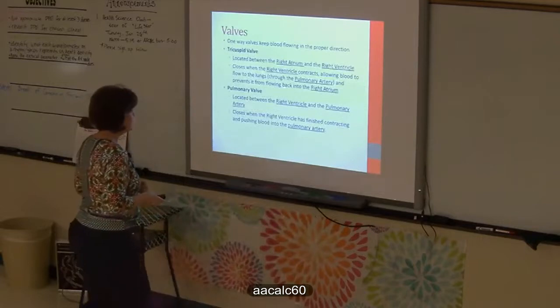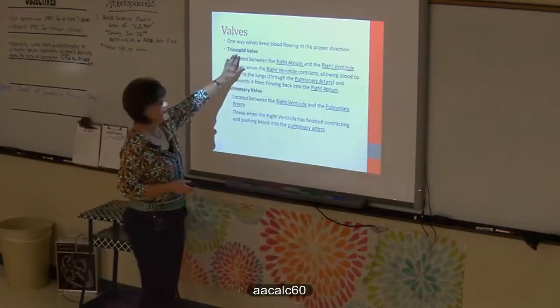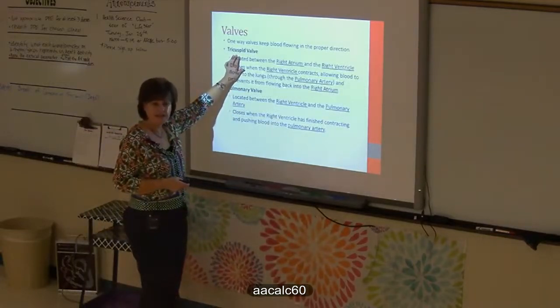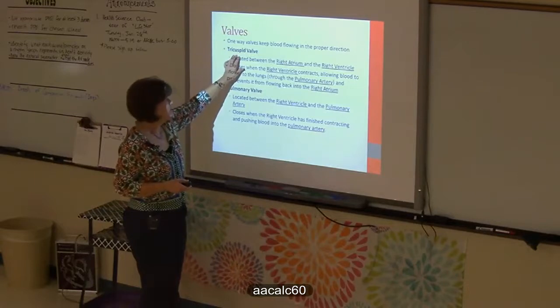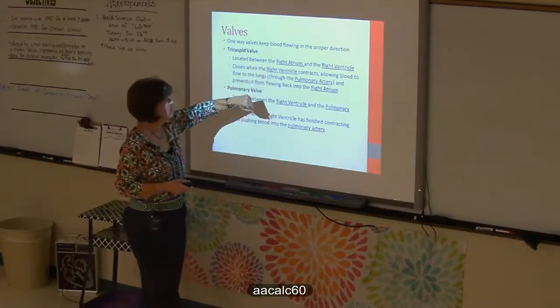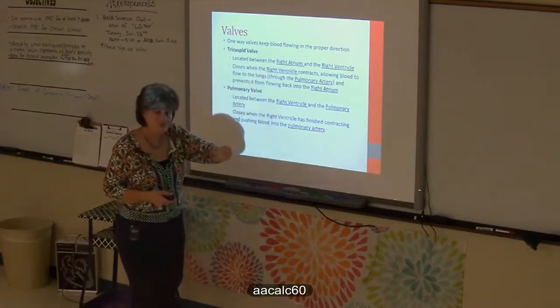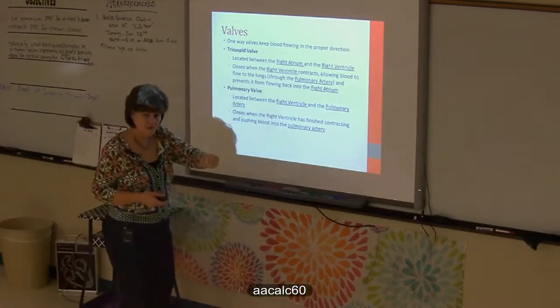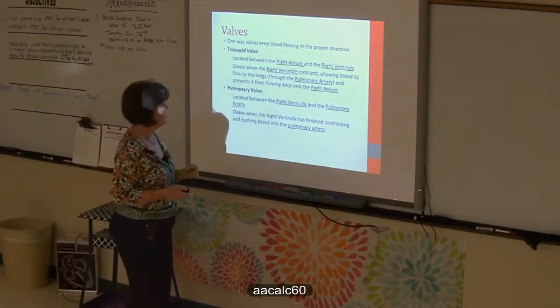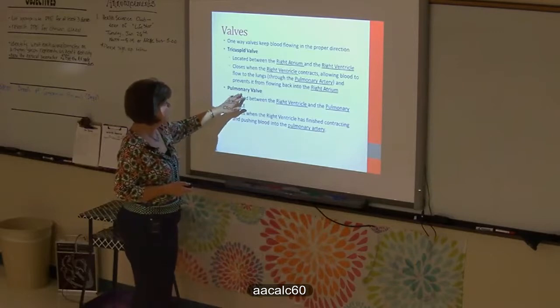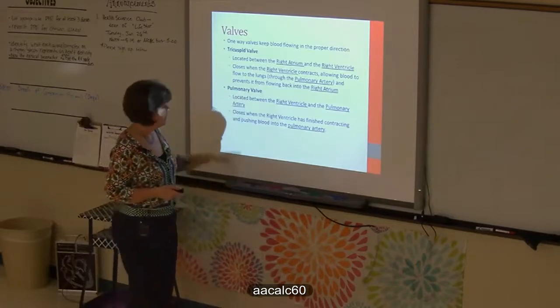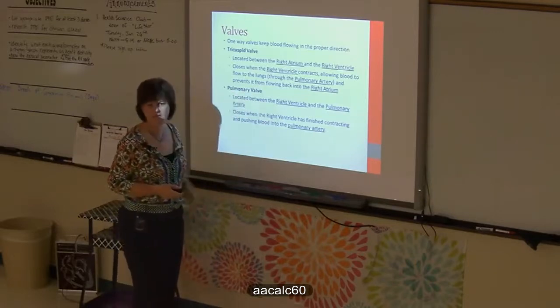There are 4 valves. The first one is the tricuspid, and this is on the right side of the heart, between the right atrium and the right ventricle. And again, it closes when that ventricle contracts to keep the blood from backflowing up into the atrium. I also have the pulmonary valve. I hope you know that pulmonary means lungs.